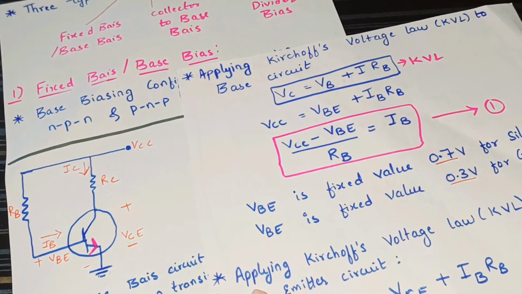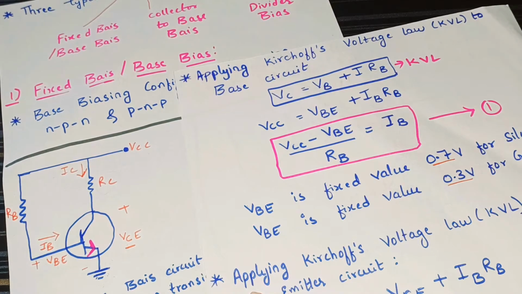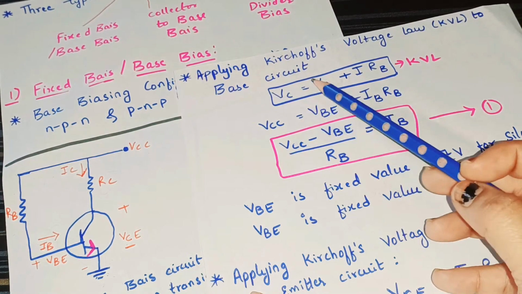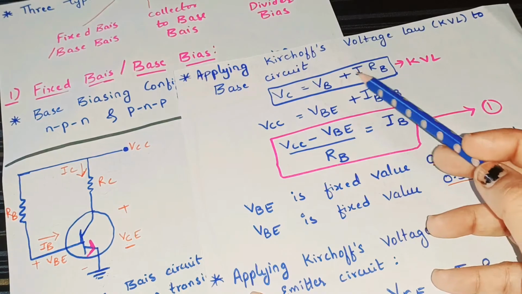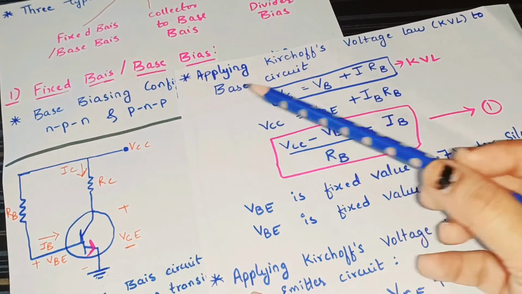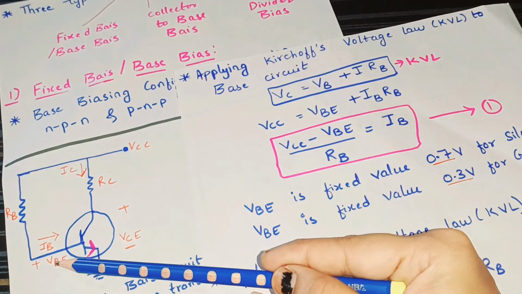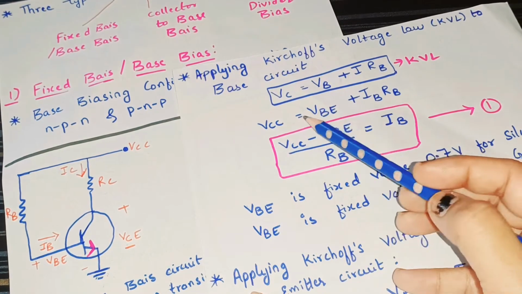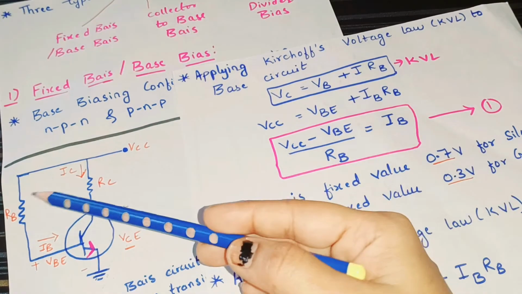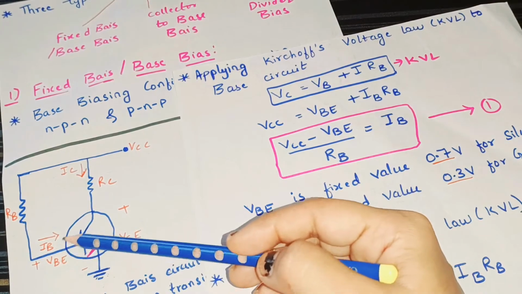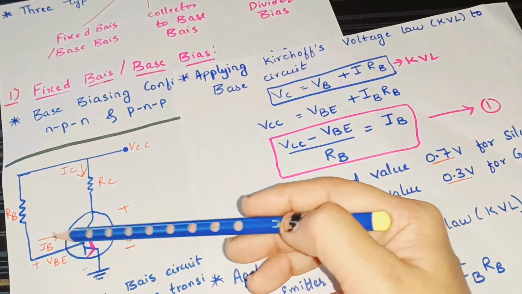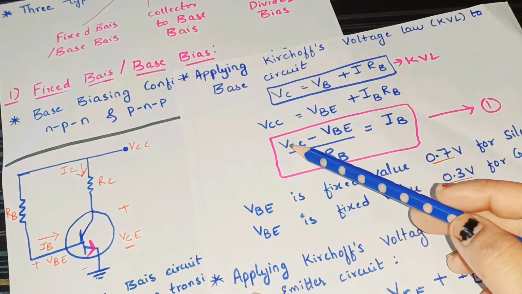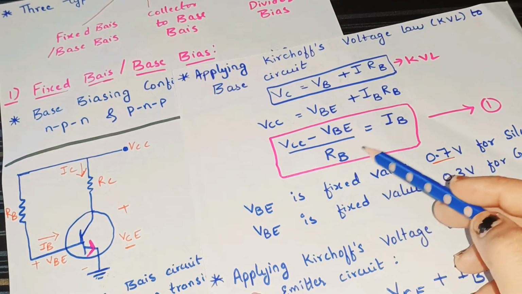Now for this circuit we are finding the equations, using Kirchhoff's law. Applying KVL from VCC to VBE: VCC is equal to the voltage across the base emitter plus the current IB flowing through the base resistor RB. So VCC minus VBE divided by RB equals the current IB.